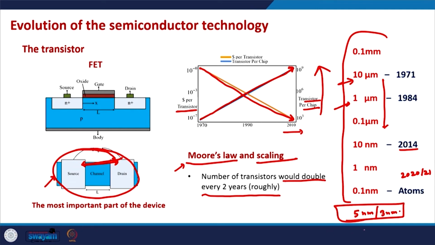Okay. These modern technology nodes do not mean that the length of the channel is actually 3 nanometer or 5 nanometer. Especially in the last few years, the technology node is not exactly equal to the channel length, and this number essentially captures the performance and the heat budget of the system.